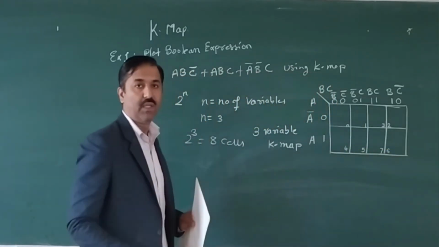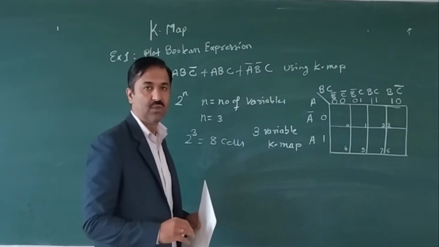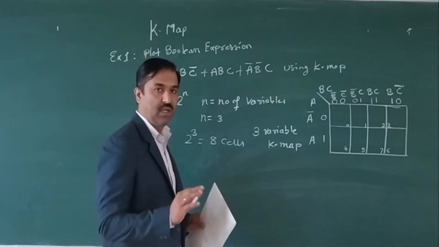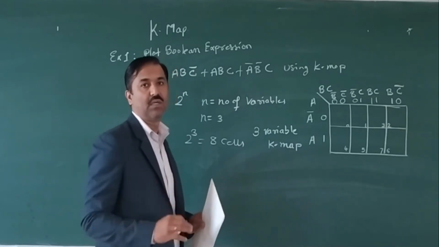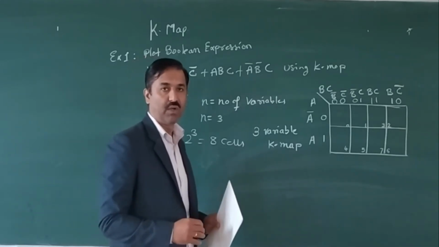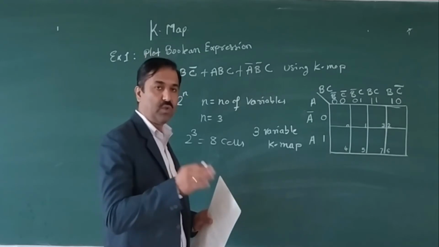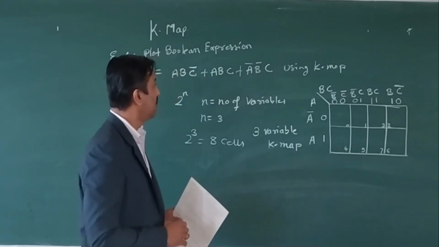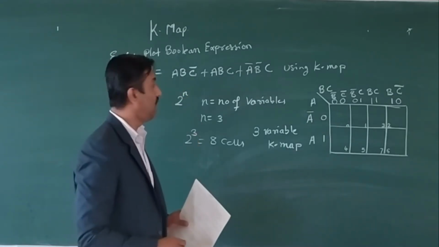Hope the numbering of the cells is known to you. I have already discussed this in previous video classes, and you can refer to those if you want to understand it.